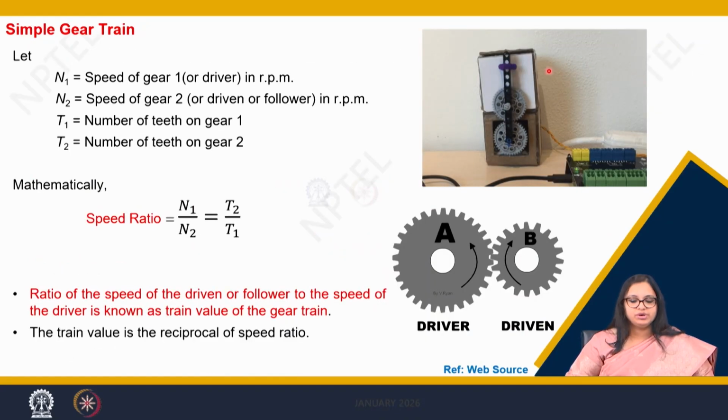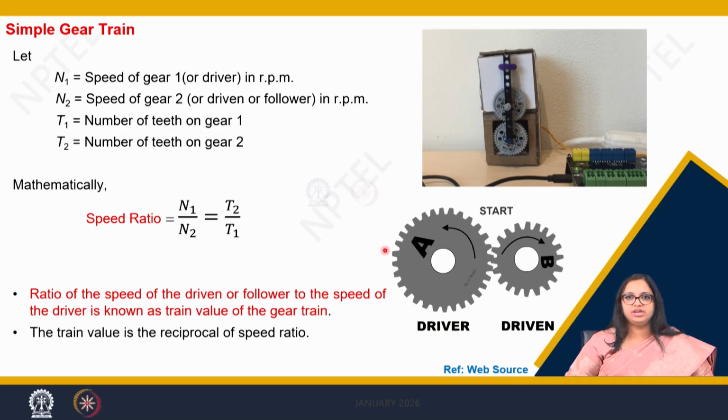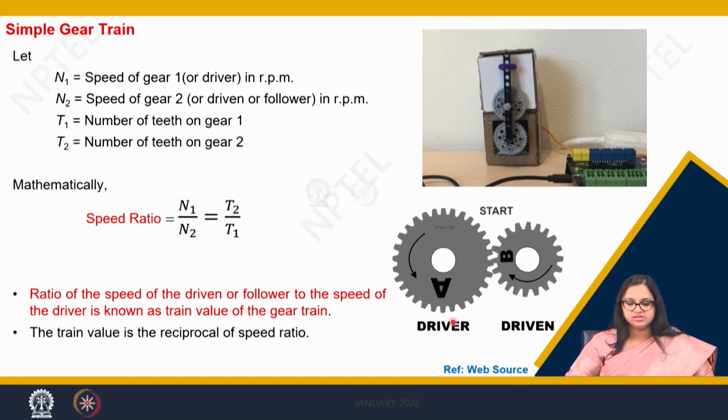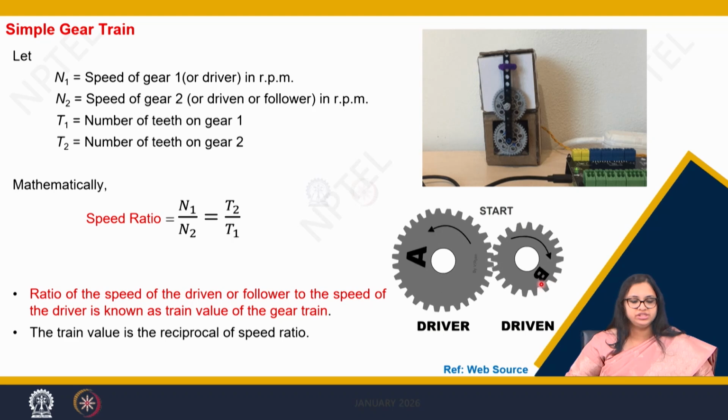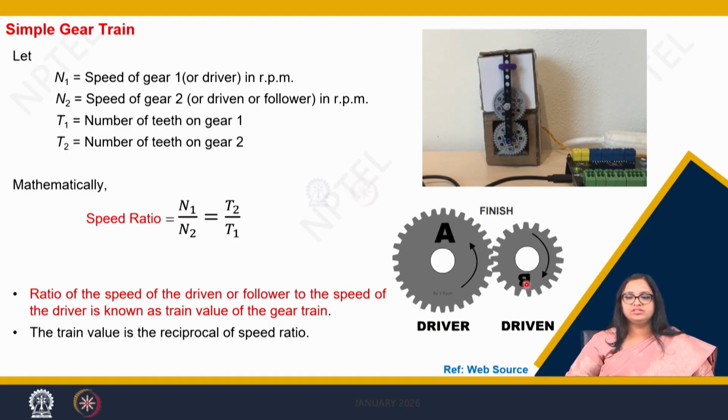Now when we talk about a simple gear train, as we have understood in the last class, there is a driver and then there is a driven. So when the driver is rotating anti-clockwise, the driven is rotating in clockwise direction since they are directly meshed with each other, which may not be the case when we have an open belt drive, where the driver and driven would be rotating in the same direction.